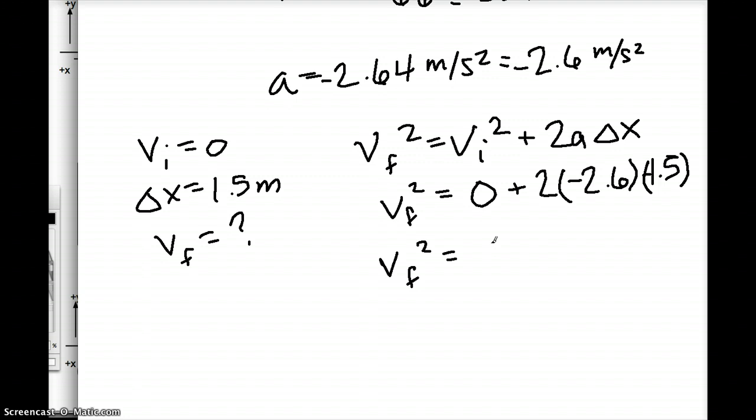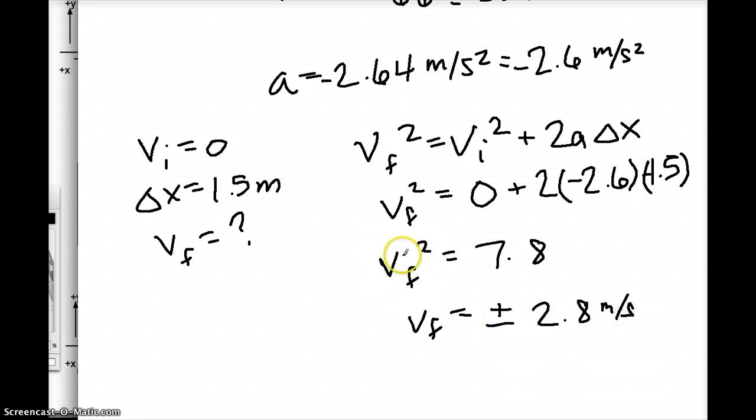Okay, we multiply those numbers out. And we get 7.8. The square root of that is actually going to be two numbers, positive, negative 2.8. And it's really up to us to decide, well, are we talking about a positive or a negative?